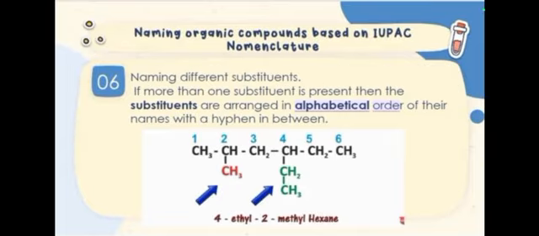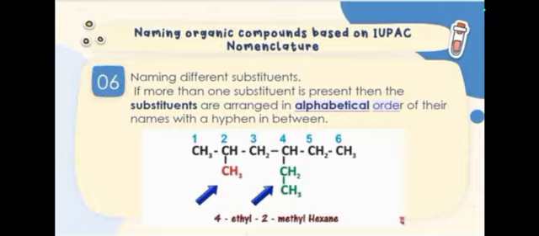Next one, naming different substituents. If more than one substituent is present, then the substituents are arranged in alphabetical order of their names, with a hyphen in between. For example, 4-ethyl-2-methylhexane.